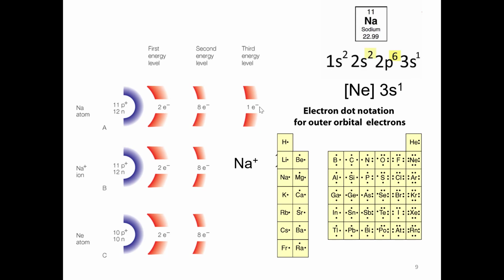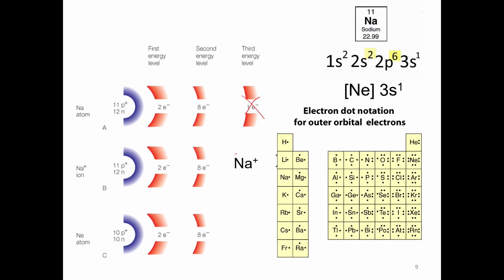It's easier to lose 1 electron. If the sodium loses this electron, it becomes like neon, which is a stable configuration.